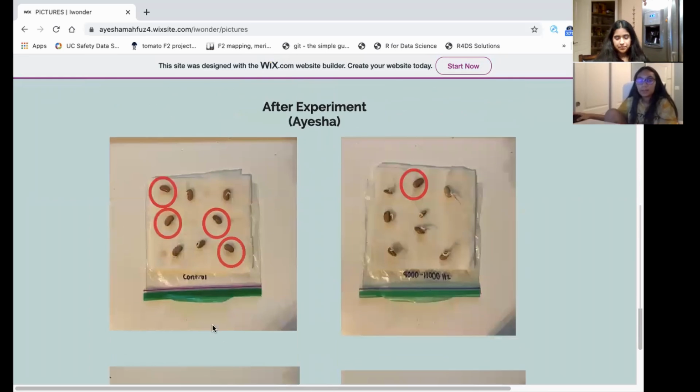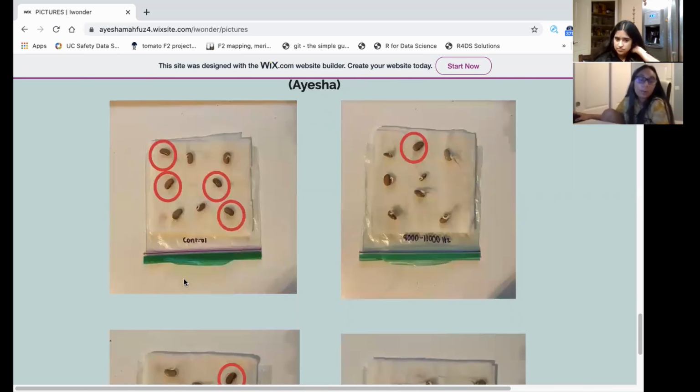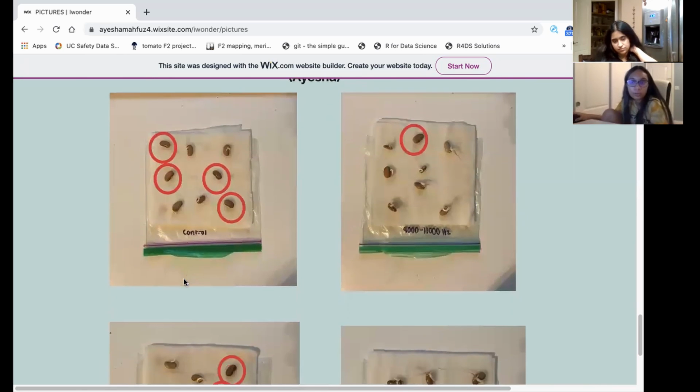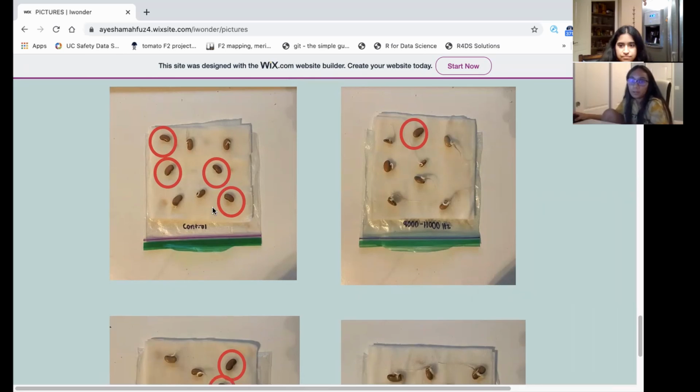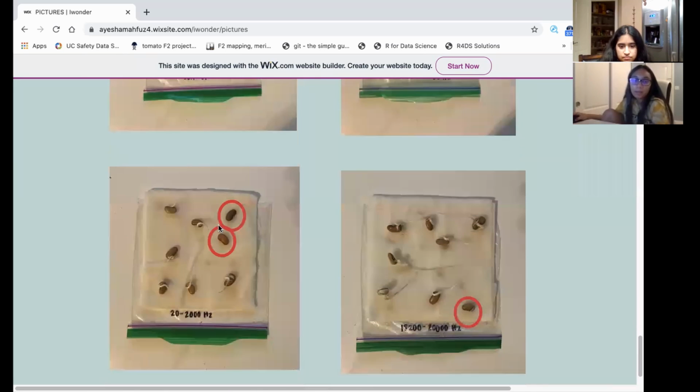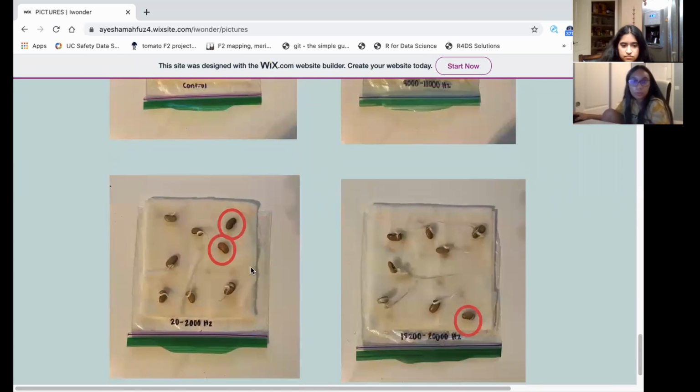Because we ran the experiment once at Magna's house and then once at my house. For me, 4 of the seeds in my control group didn't sprout. And I want you to pay attention to the radical height of the seeds, because the ones in the control group are a lot shorter than the other 3 groups. For the low frequency group, 2 of them did not sprout.